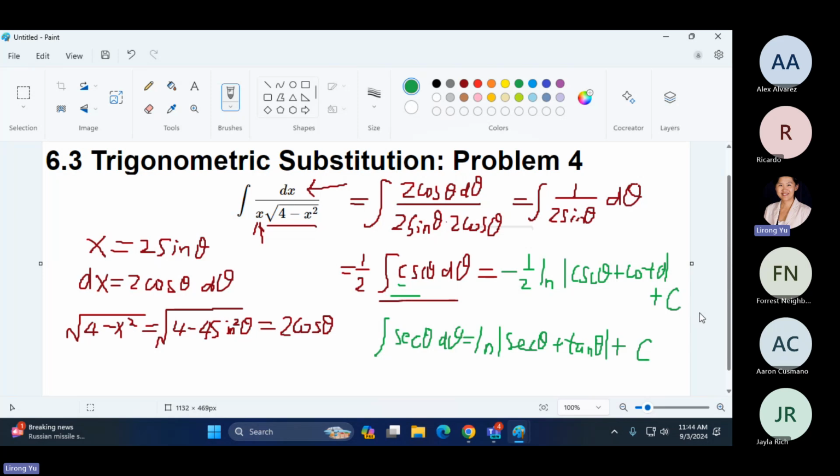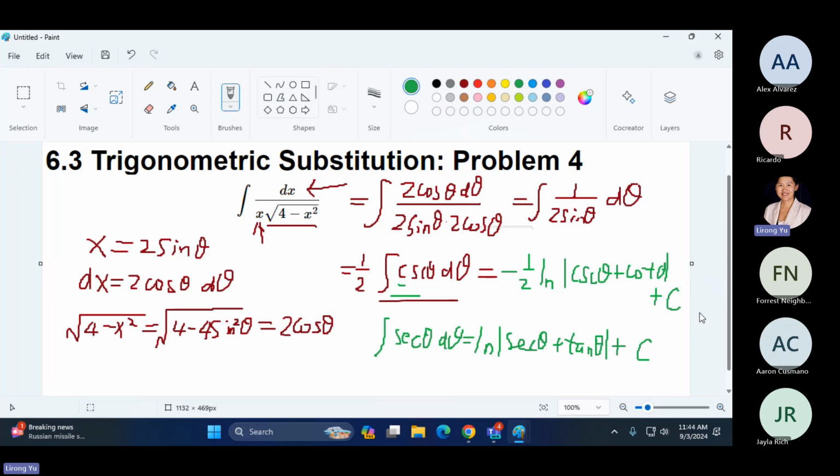Whenever that happens, natural log will be the answer of the antiderivative. It's the same process here. You multiply numerator and denominator by cosecant plus cotangent, and then the derivative of the denominator is the numerator, except negative there. So now we finish the integration part.